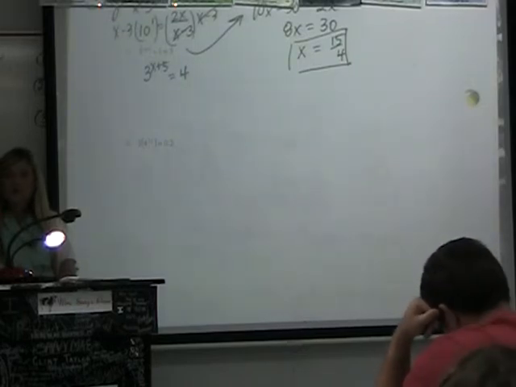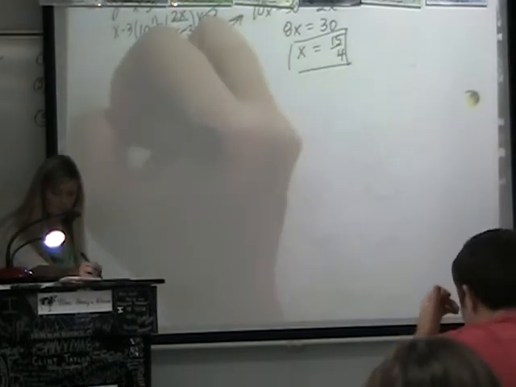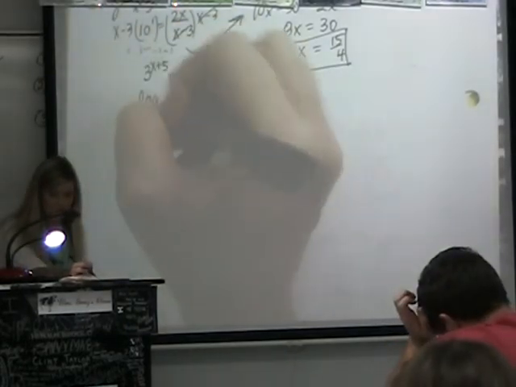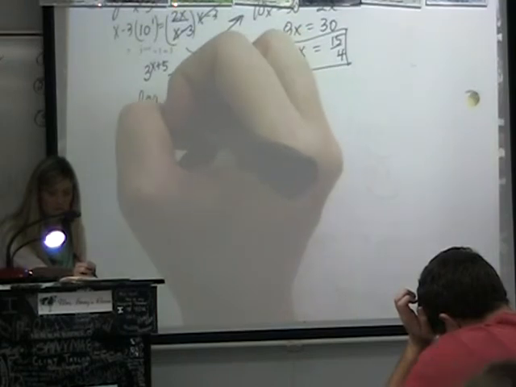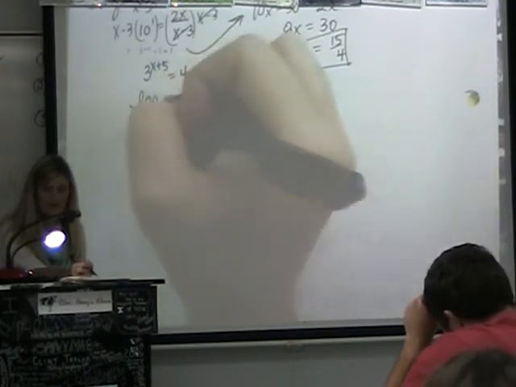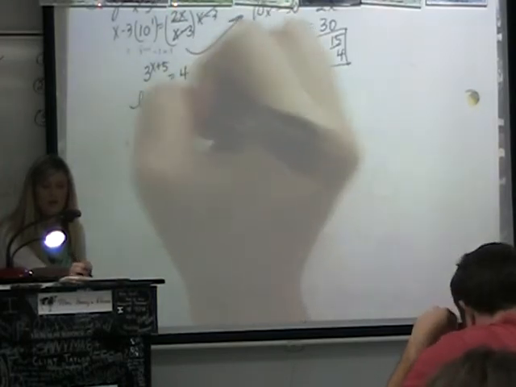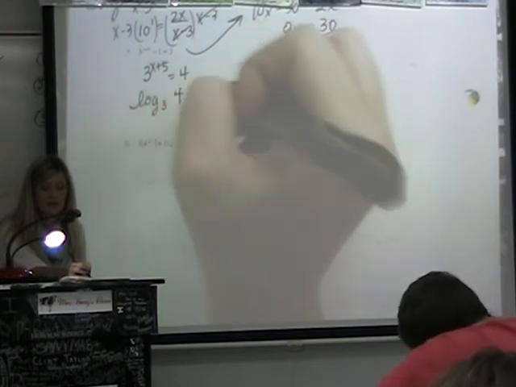So if we change forms, what does this mean in log form? Log base what? What's the base? 3 of 4 equals x plus 5.